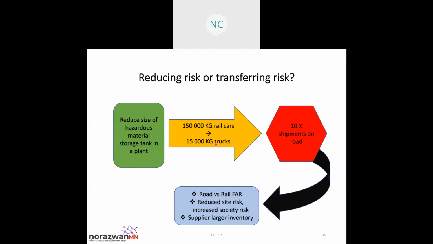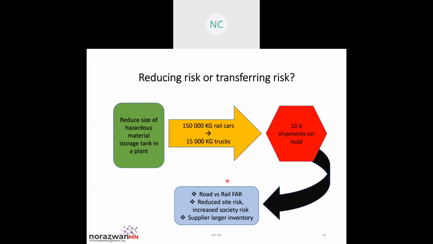But when you look back, you need at least 10 trucks to ship the same amount of material as the rail car. So these 10 trucks also have their fatality rate. So you need to consider again. This is the one that you need to justify, rail car versus trucks.